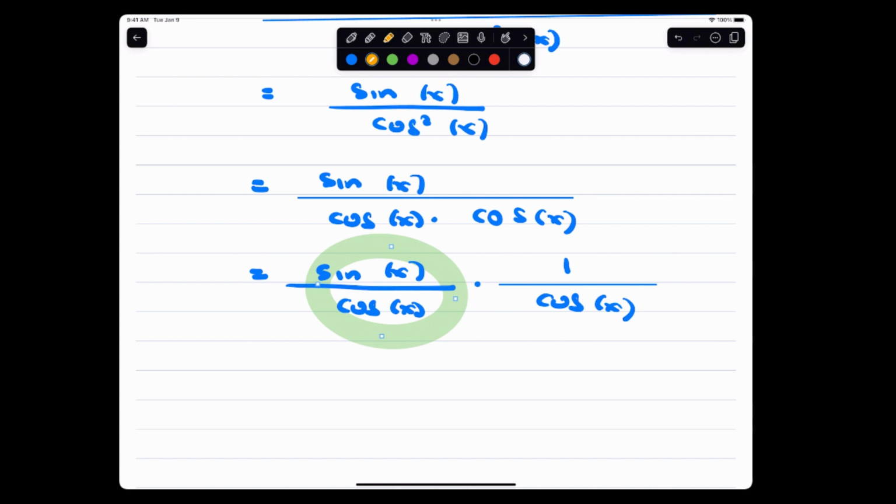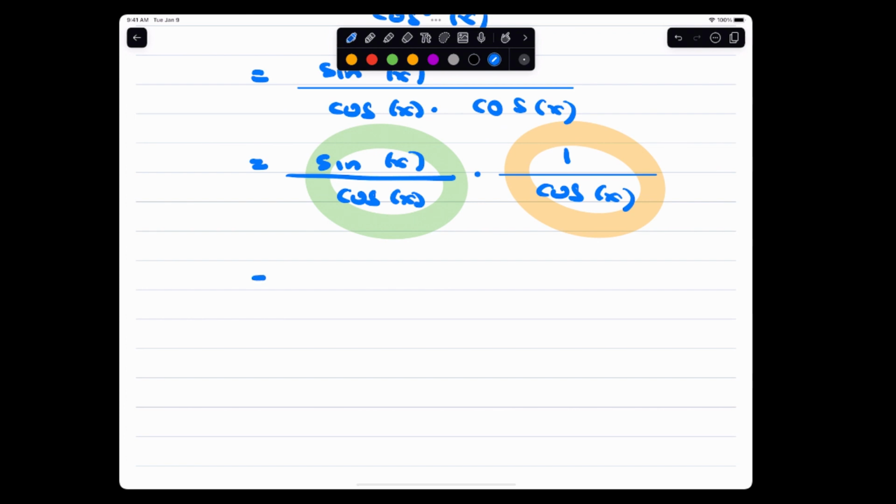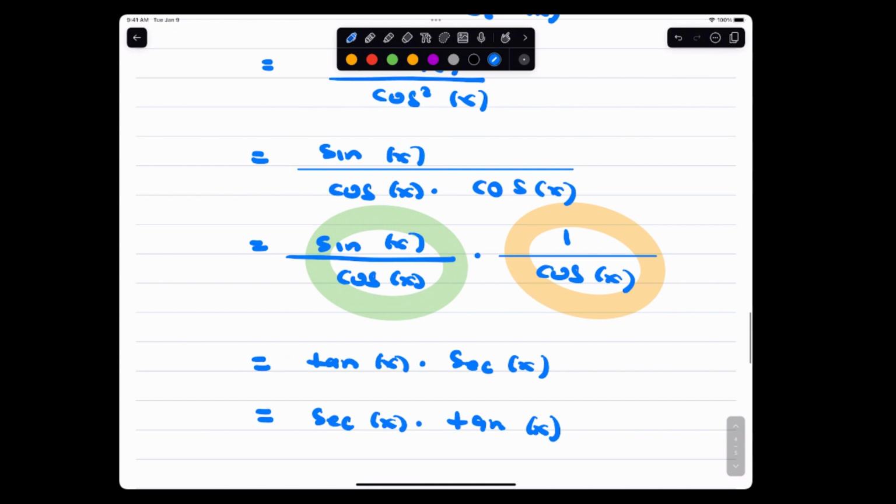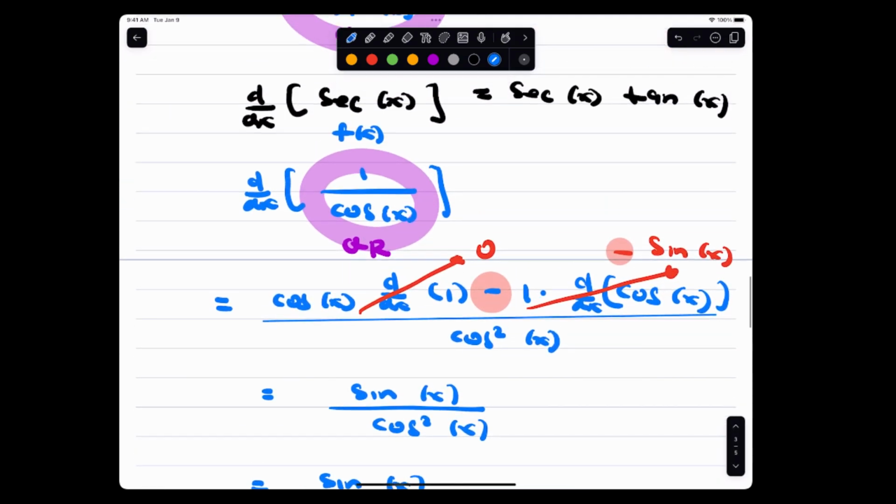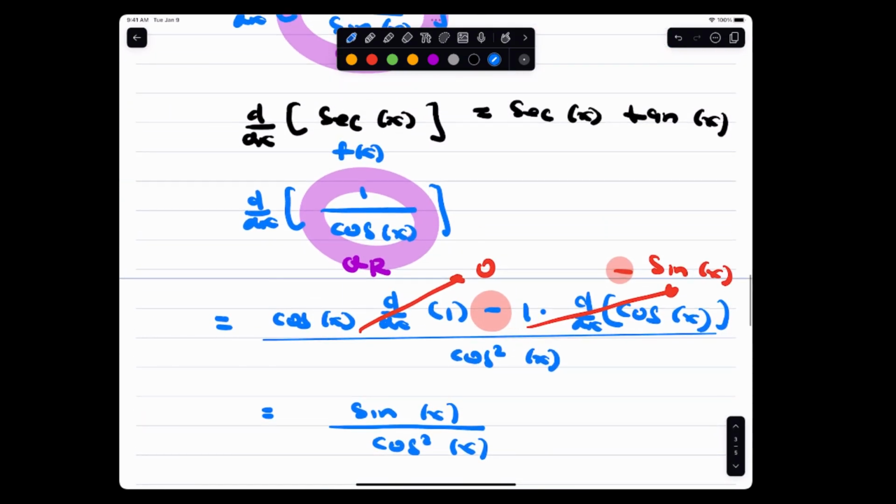And then what is this? 1 over cosine. So what's sine over cosine? Tangent. What's 1 over cosine? Secant. Is that true? And then the order in which you multiply does not matter. I can write it as secant tangent. So, ladies and gentlemen, this is the proof of the derivative of secant being secant tangent.